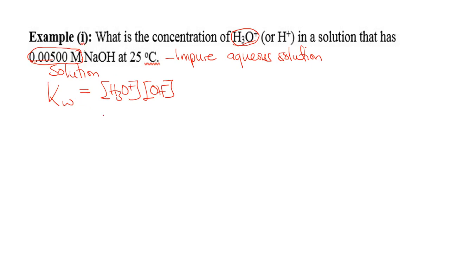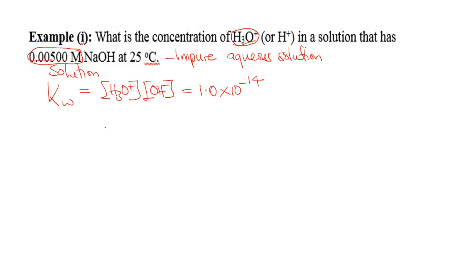We start with our equation. Kw is the concentration of acid times the concentration of base, I mean the concentration of the hydroxide. Concentration of hydronium ion times concentration of hydroxide ion. That gives us 1.0 times 10 to the power -14.